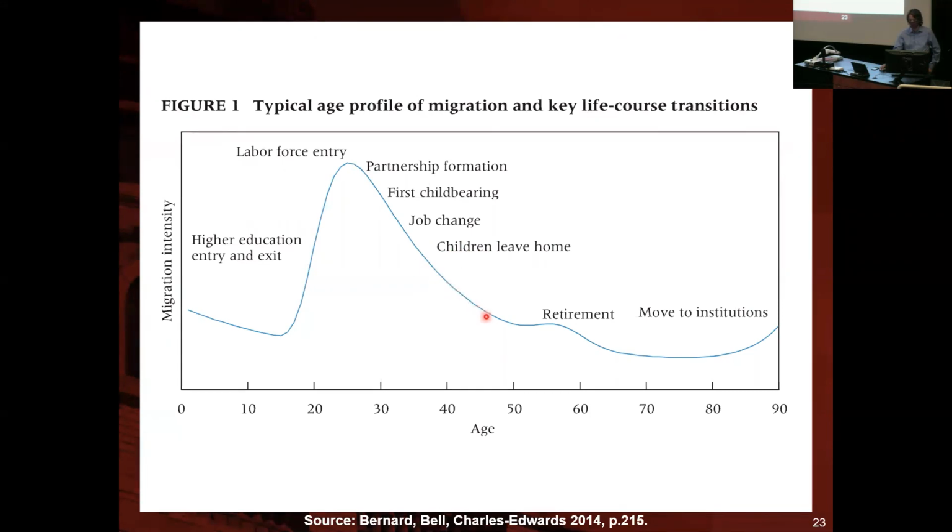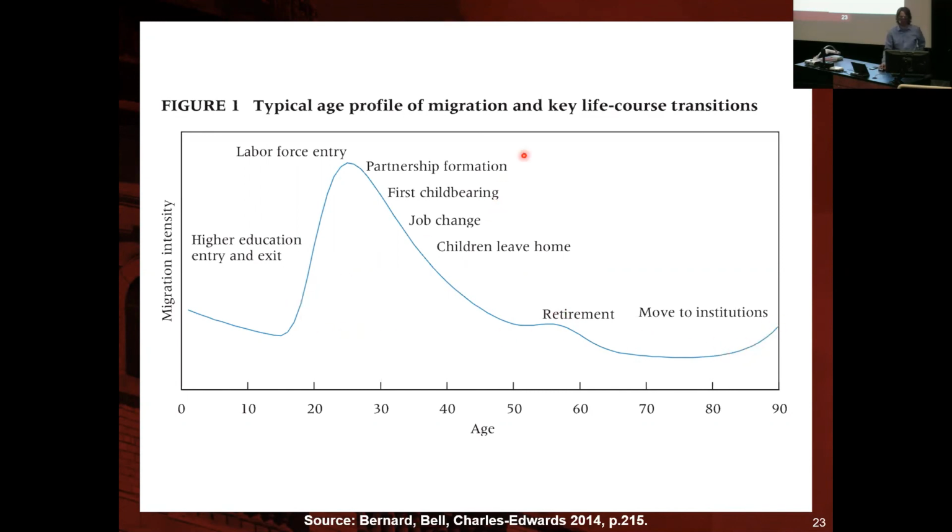When these people retire, then you might see a little bit of increase in the chances of migrating. And at really older ages, they might move to institutions that provide elderly care. So you might see some increases in these migration rates here as well, but this is harder to capture because the population size is really small here.